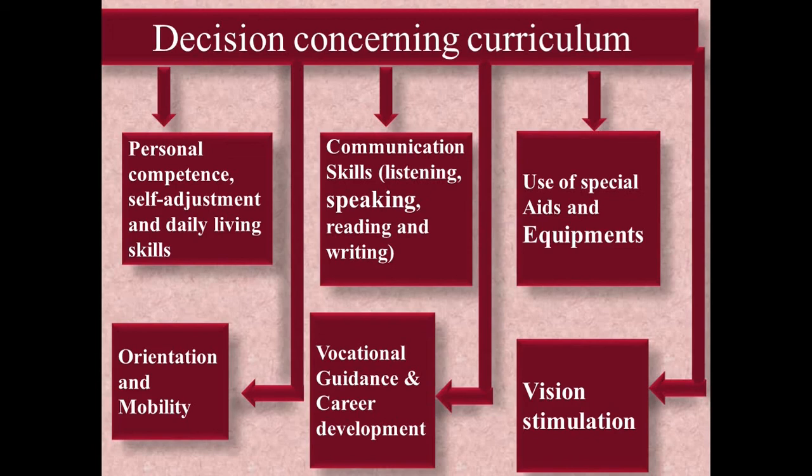Apparently, in their cases, we can come to the conclusion that in addition to catering to their academic needs along the lines of their peers with normal vision, the curriculum should also provide means and ways for the development of all those concepts and skills which are usually denied to them on account of their loss of vision.